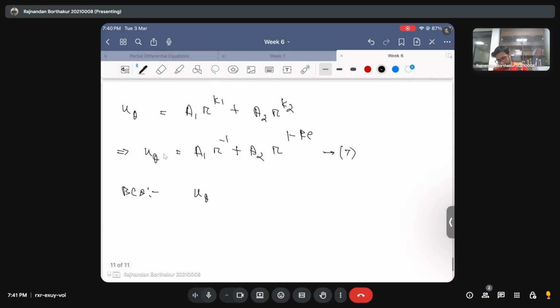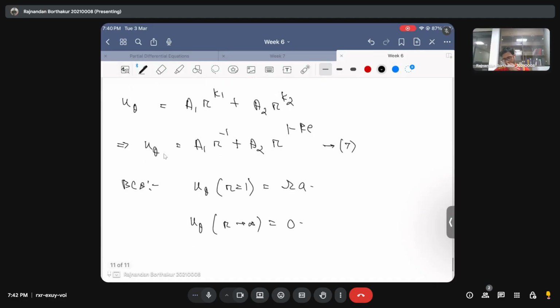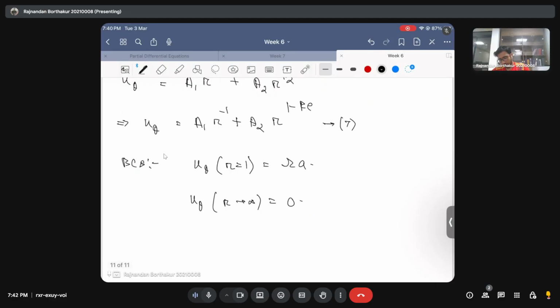The boundary condition that we had is u theta at r equal to 1 is equal to omega times a, and the second boundary condition is u theta at r tending to infinity is equal to 0. Let's not use the first condition first. Let's keep this condition on hold.